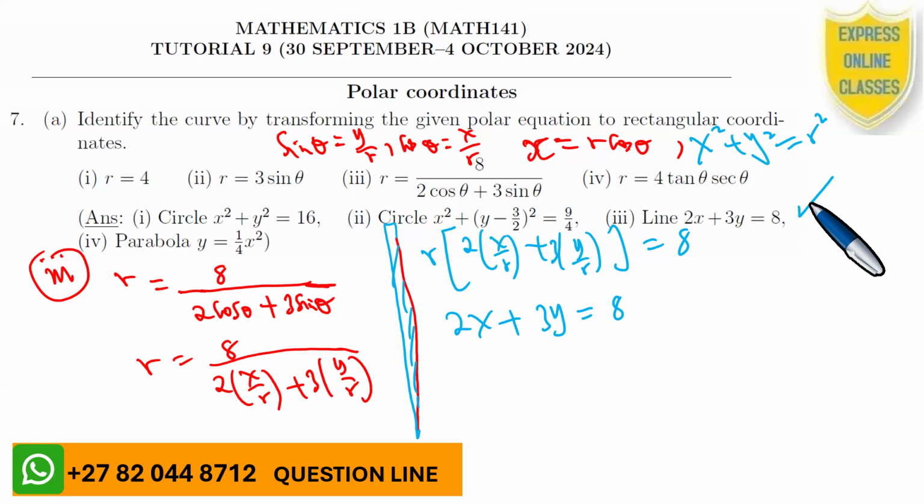So we've been able to convert that to a straight line equation. Exactly, to a straight line equation. That is what we have done.